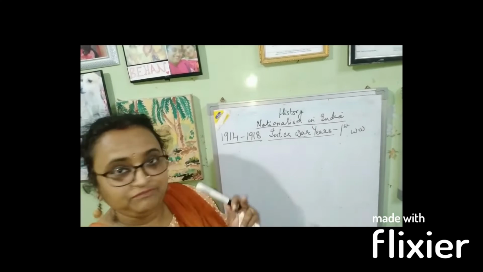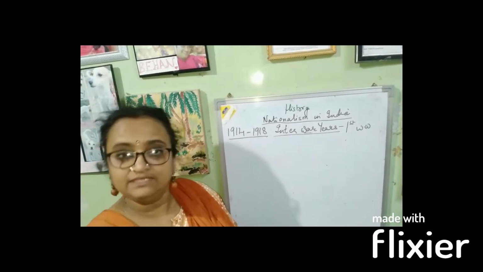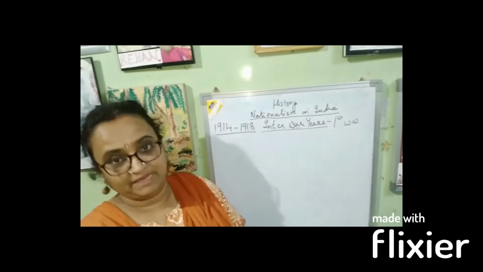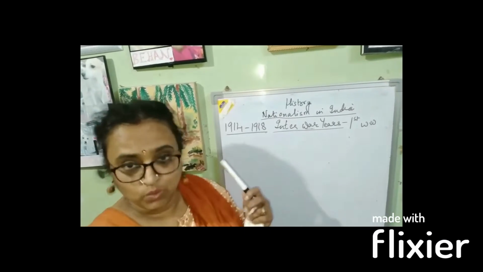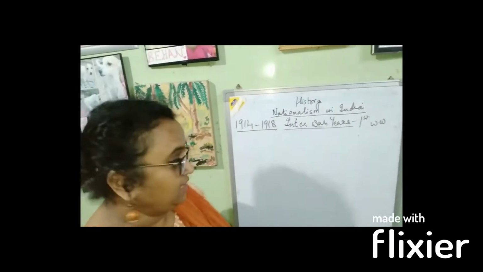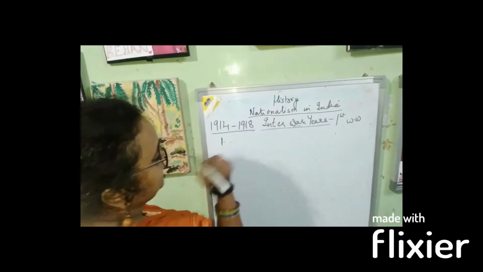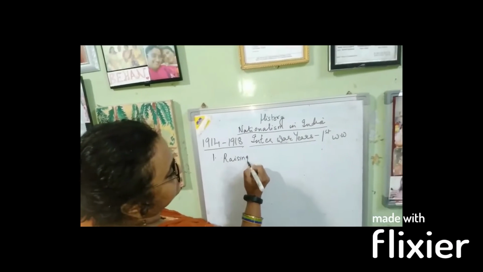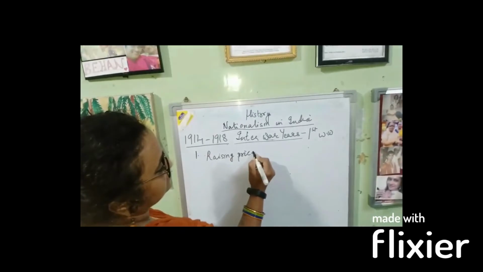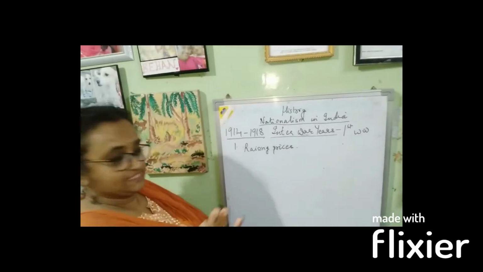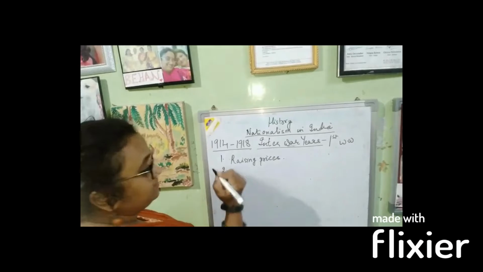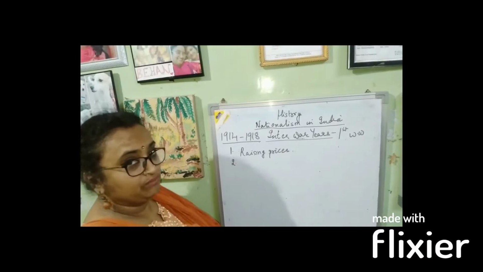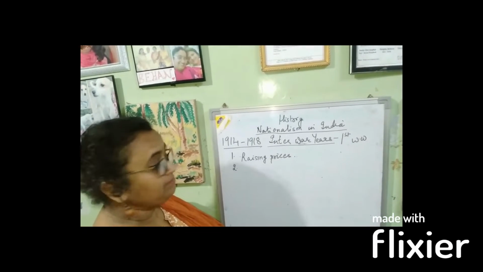So we have a lot of effects. Whether directly or indirectly, we are participating, and war has no victors, no winners. So the first thing that affected India was rising prices. Everything became more expensive. Then the Britishers needed a lot of money, not just the manpower, money also.